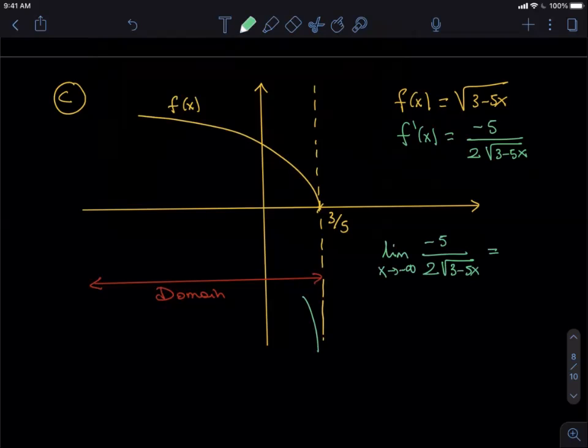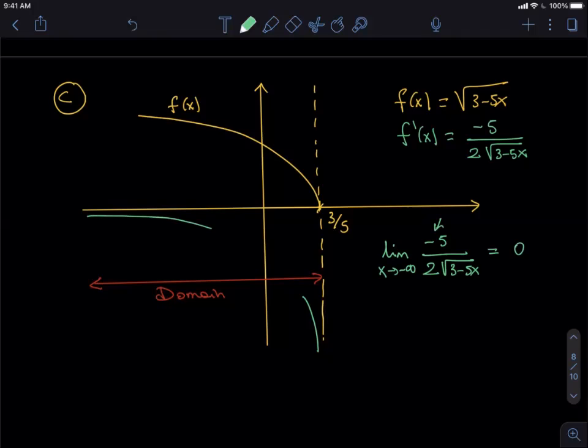In the denominator, we have the -5x because x is going to negative infinity. That number is going to become infinity. So we are dividing by something larger and larger. So that is going to give a 0 limit. But notice that we are approaching from the negatives, because these are negative quantities. So it will come somewhere like this.